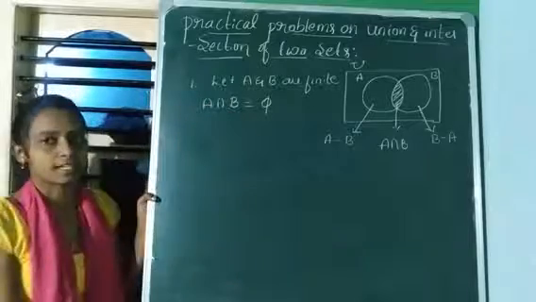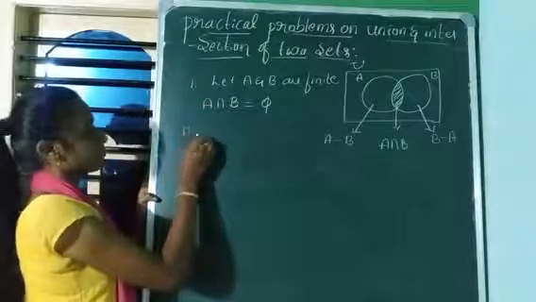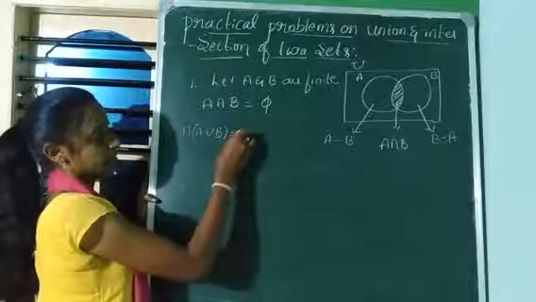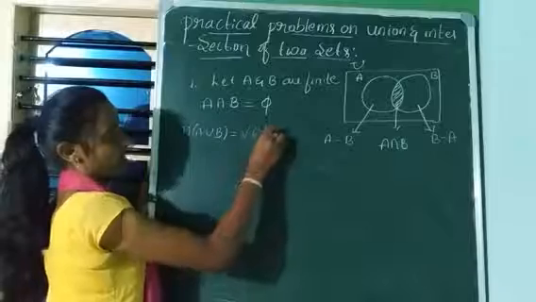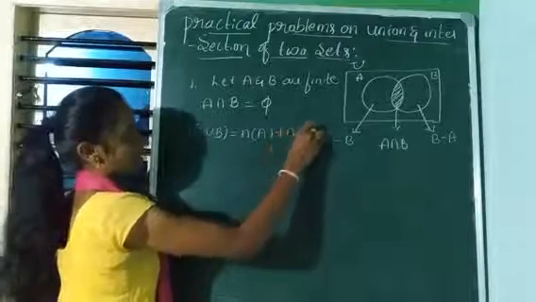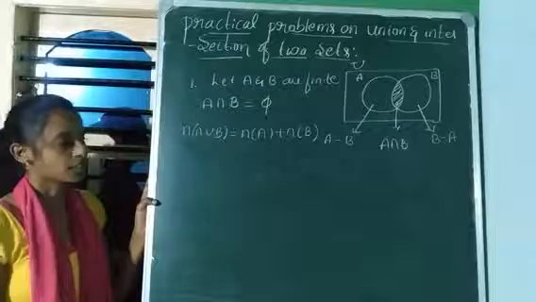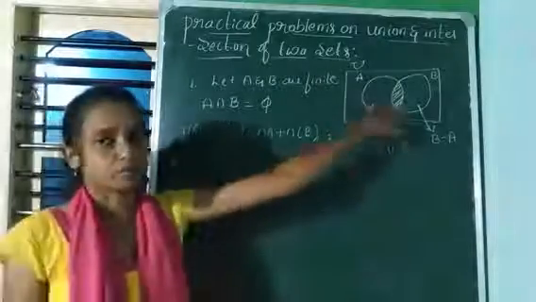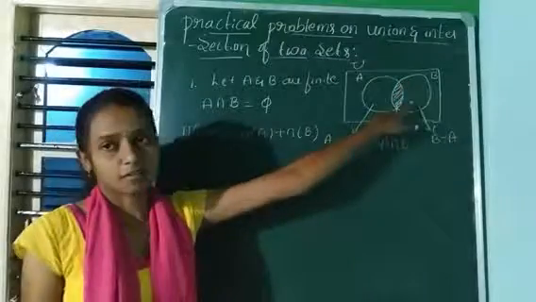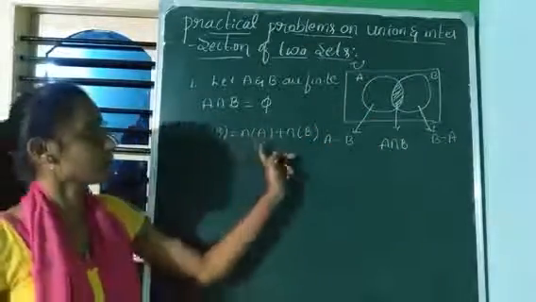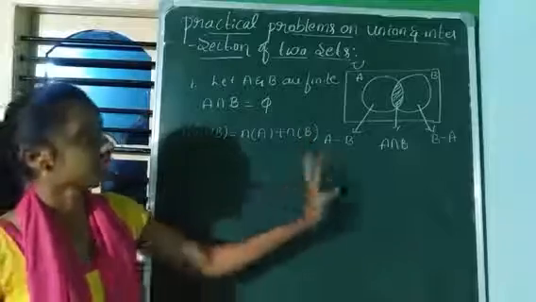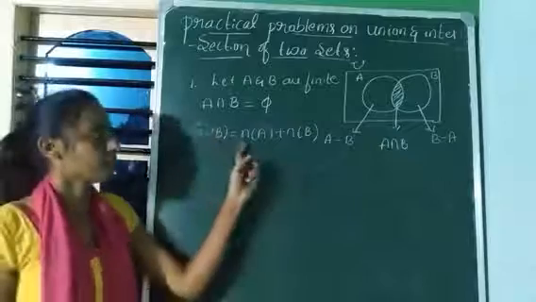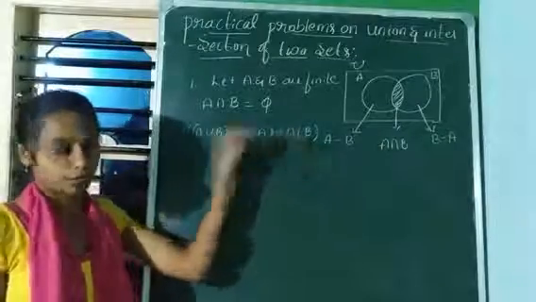If it is null, then the number of elements in A union B can be written as n of A plus n of B. This is one formula. When there are no common elements in A and B, we write n of A plus n of B.